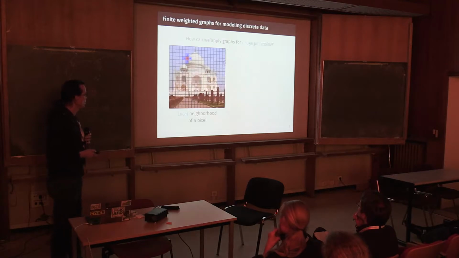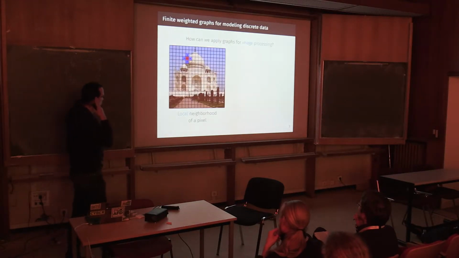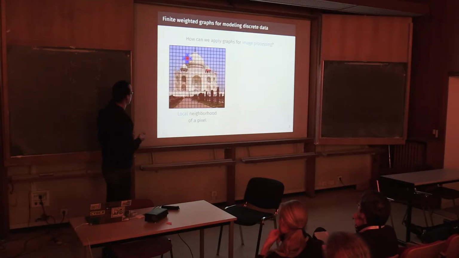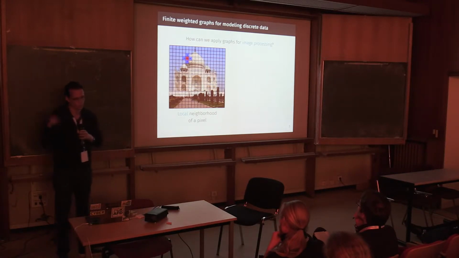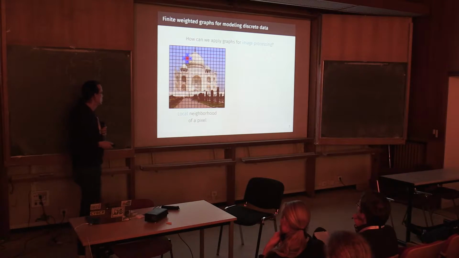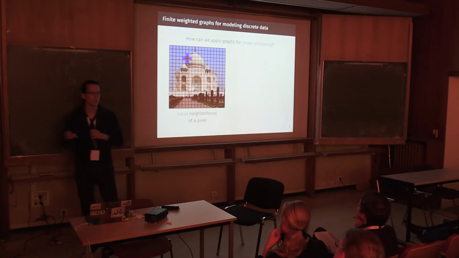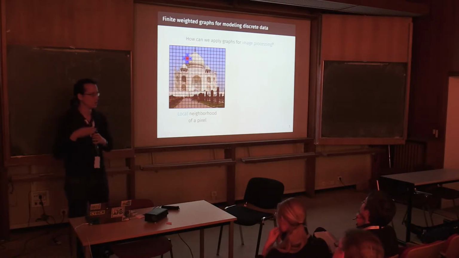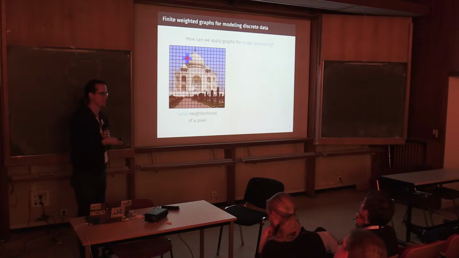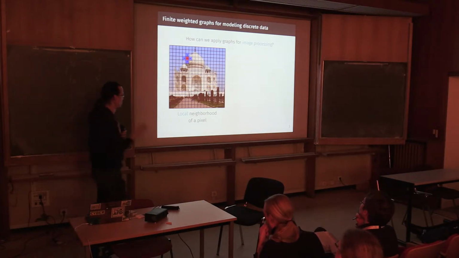How to use them? The first idea is to model forward or backward differences, or the neighborhood of the four neighboring pixels, by taking a local neighborhood, with edges of the same weight to all neighbors. That would just reproduce what we know from the neighborhood of a pixel in the usual image, the local neighborhood.